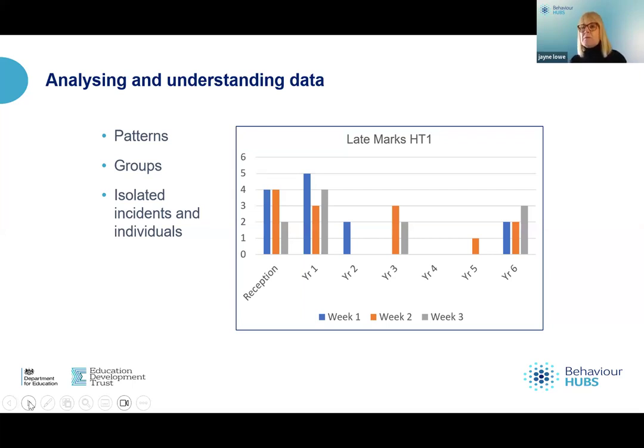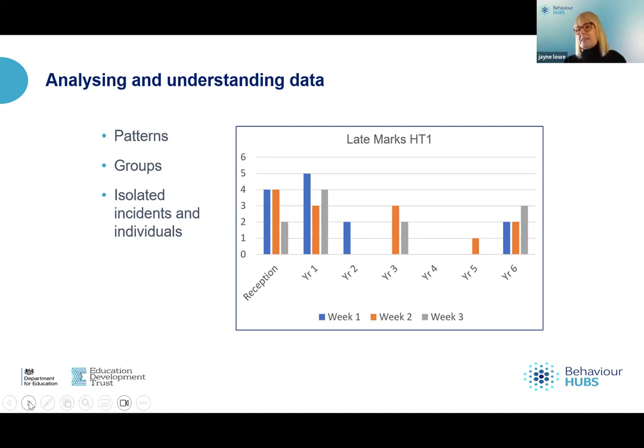Let's think about groups. Leaders should take a systematic approach to drilling down into the data from a whole school starting point. And that will involve focus on key stages, year groups, forms, teaching groups. Similarly, pupil characteristics should be explored to assess the engagement and inclusion of all of the identified groups.